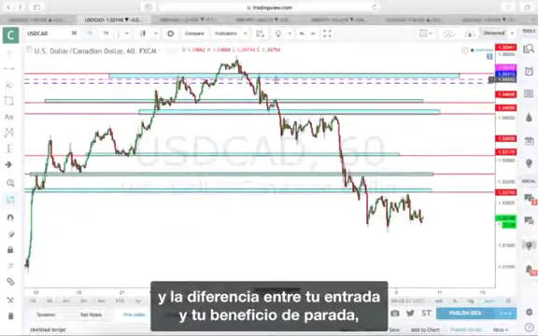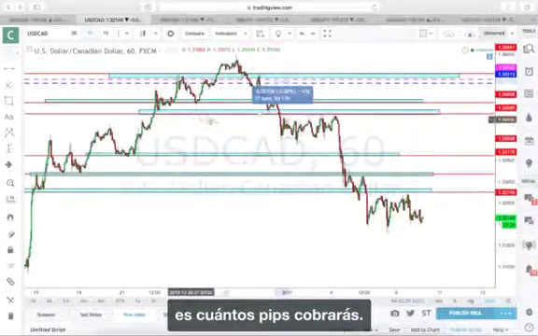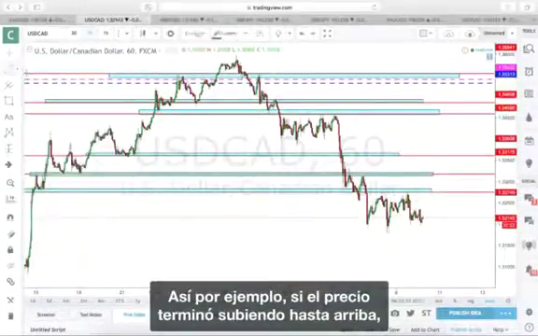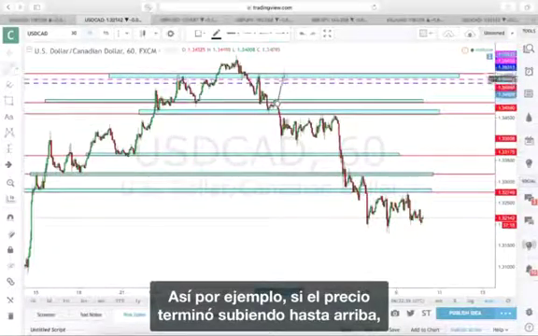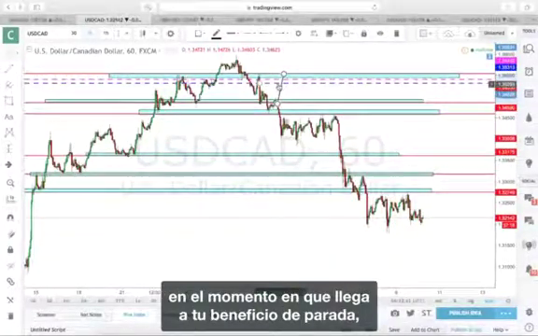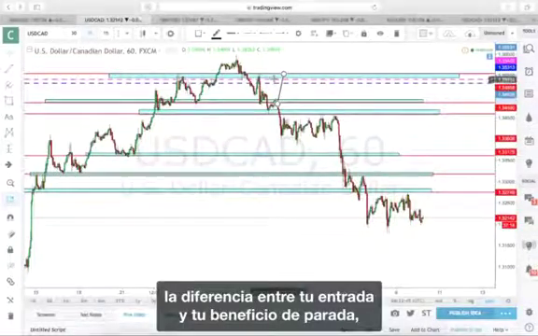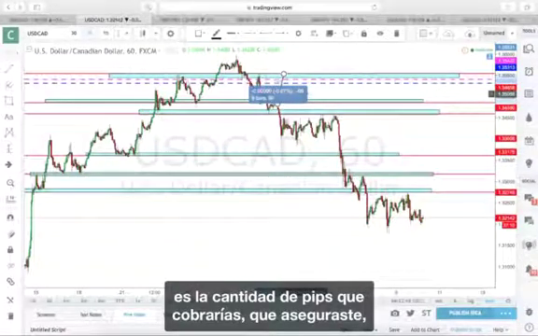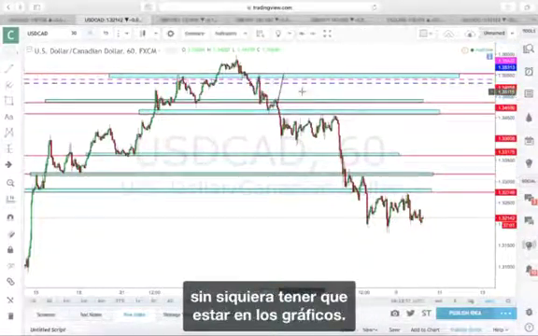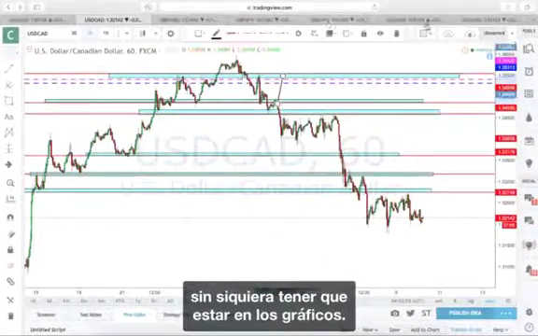And the difference between your entry and your stop profit is how many pips you'll collect. So for example, if price ended up moving all the way up, the moment it hit your stop profit, the difference between the entry and your stop profit is how many pips you'd collect and secure without even having to be on the charts.